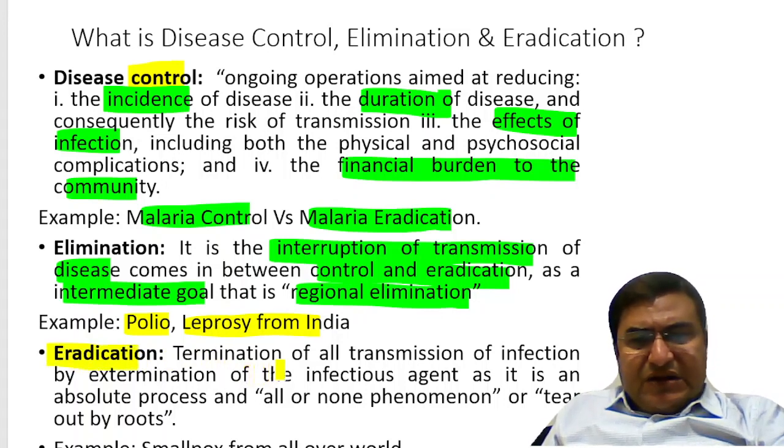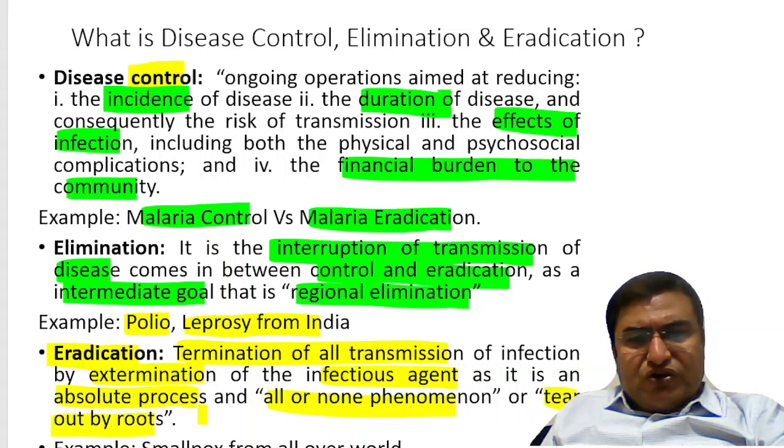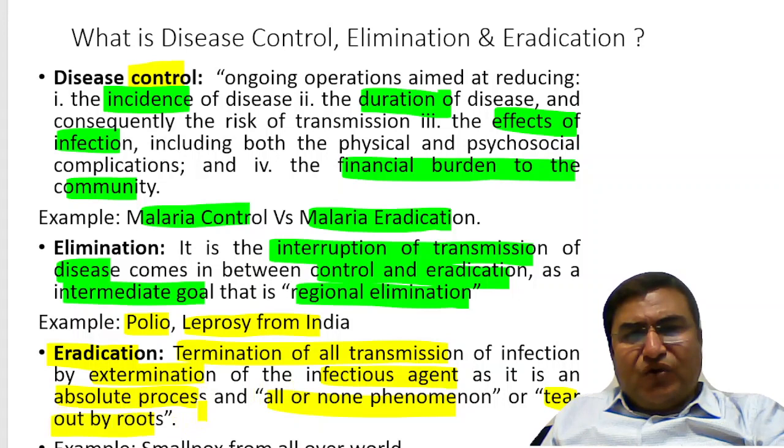It is the termination of all transmission of infection by extermination of the infectious agent. It is an absolute process and it is an all-or-none phenomenon, or we can say it is a tear out by roots. So nowhere in the world can you see that particular disease.